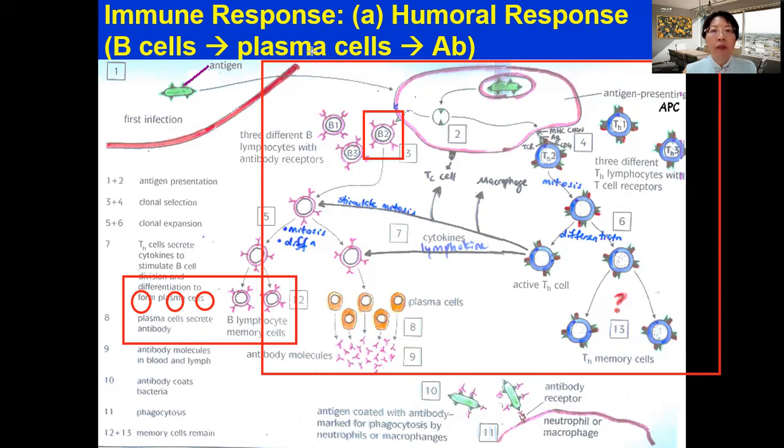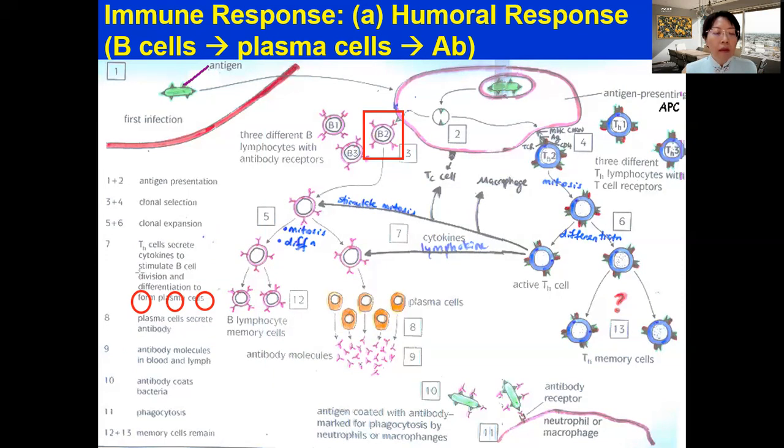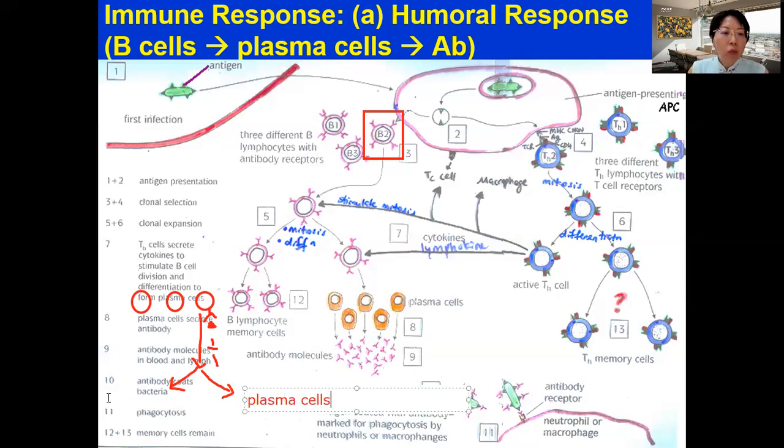How does it act? Upon the subsequent exposure to the antigen, this memory cell will actually bind to the antigen. And after that, it will immediately divide and differentiate into more plasma cells as well as more memory cells.